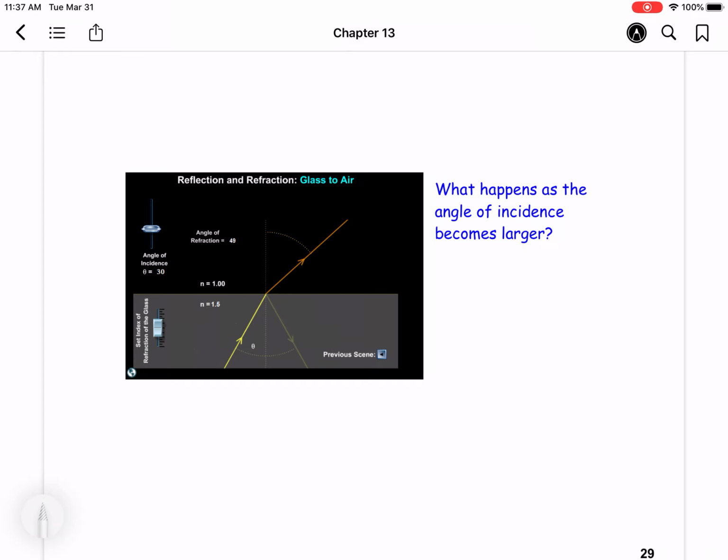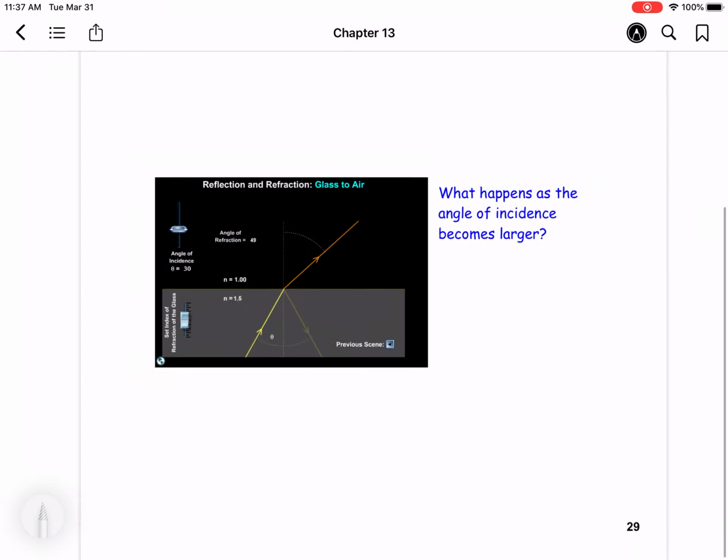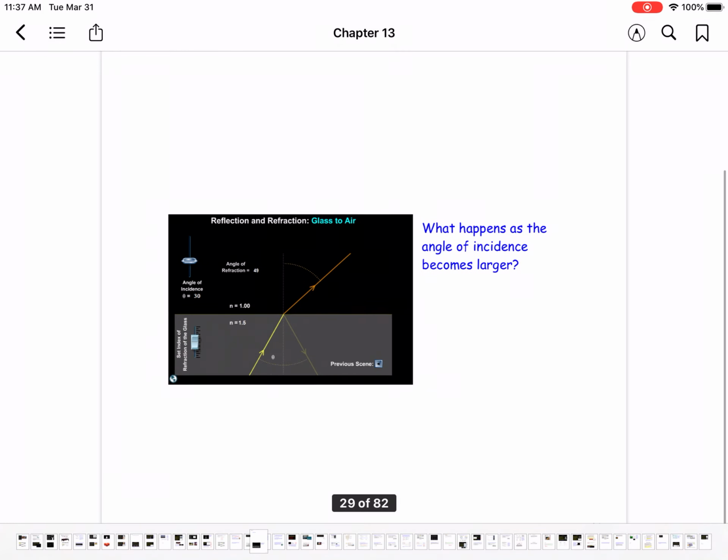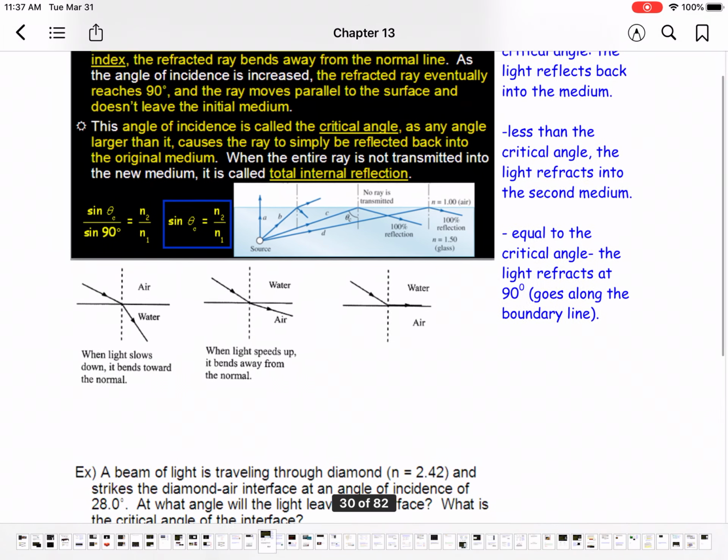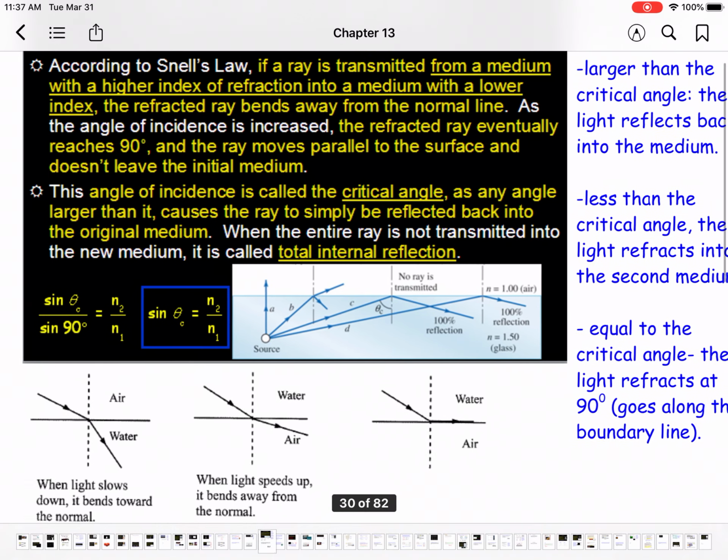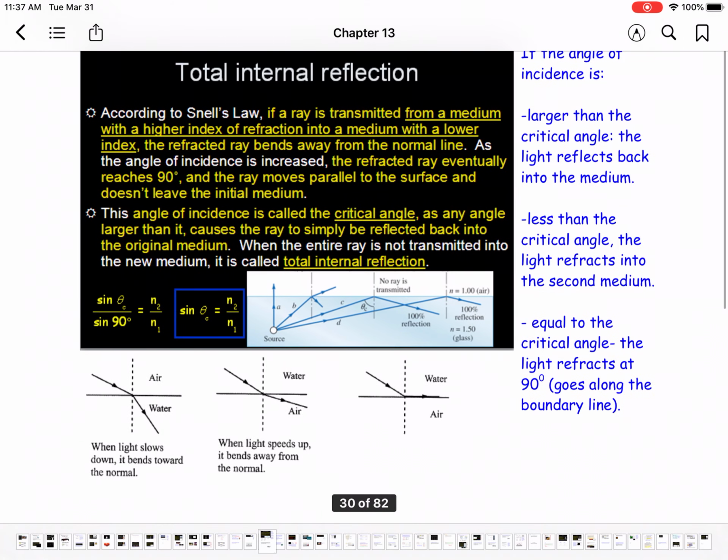It stays inside. So that's what's called total internal reflection. It means the angle is large enough that the resulting angle is greater than 90, and so it's going to reflect inside. It's not going to leave, and that's kind of interesting.